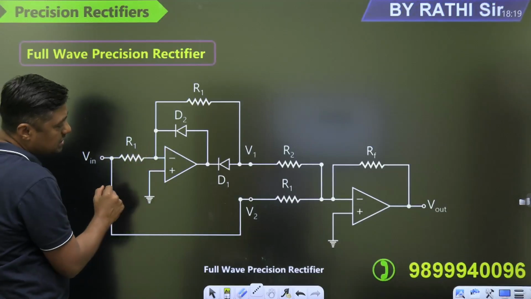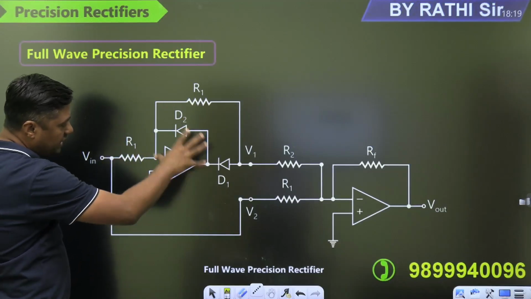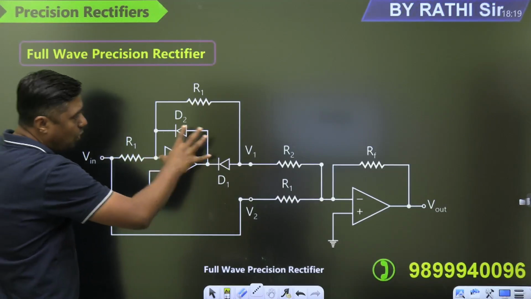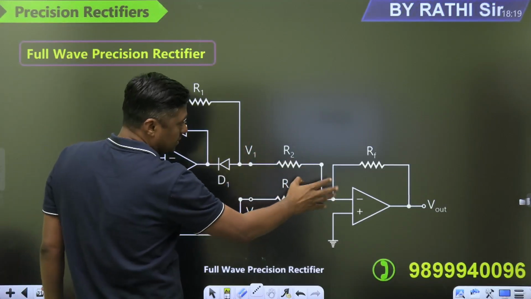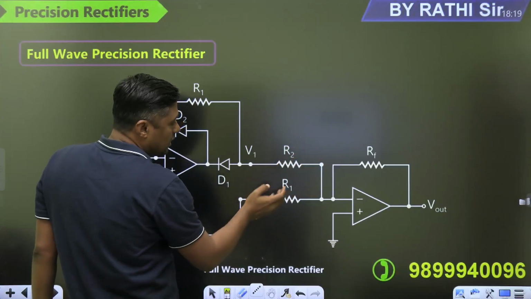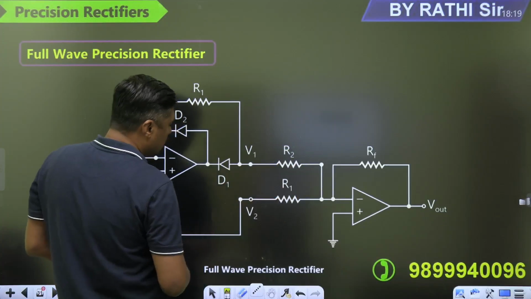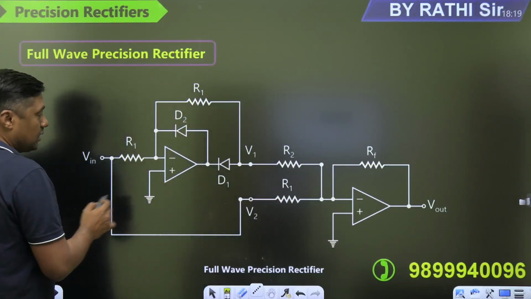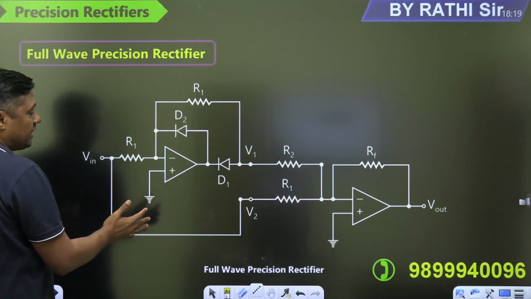This is a half wave rectifier, and it is followed by what? Summer. Watch this. This is a summer. RF, R2, RF, R1. This is nothing but inverting summer, and this is a half wave rectifier. So total circuit is what? Full wave rectifier.